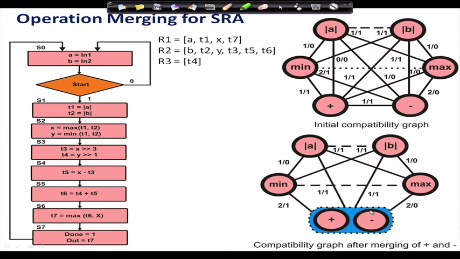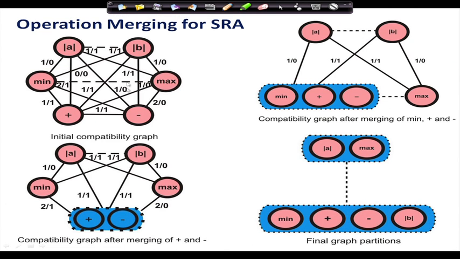All right. Now, so we go ahead with the merging. So, I first merge these two, I could have merged these two as well. Next, I go on doing this. So, these two were merged, then I merge min with this, max cannot come with this because of incompatibility.